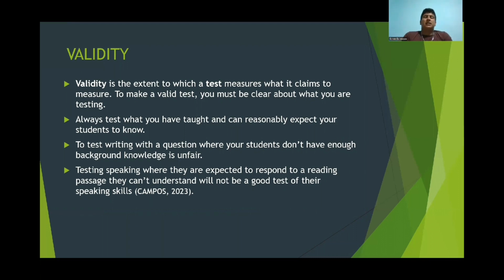As I mentioned in the last part, you have to be very clear with your students about what you are going to test, because sometimes the students get confused or give other answers that you are not looking for. Always test what you have taught and can reasonably expect your students to know.